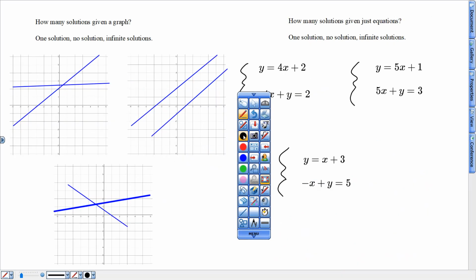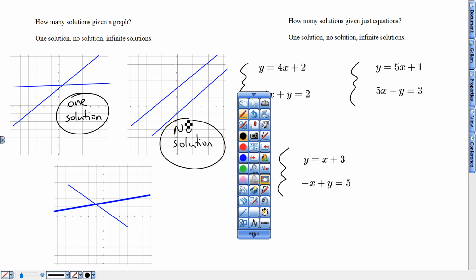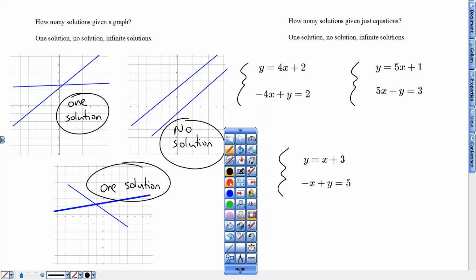This is definitely a 1 solution. This is a no solution. This one right here is another 1 solution. All right, looking at my equations here, if I add 4x, when that goes away, y equals 4x plus 2.